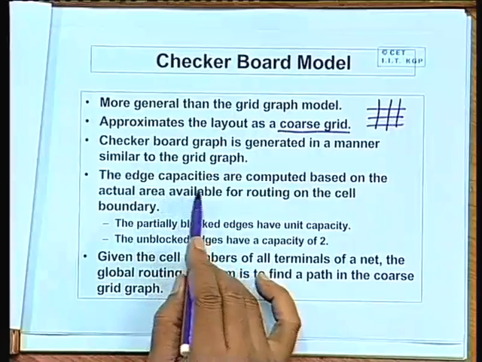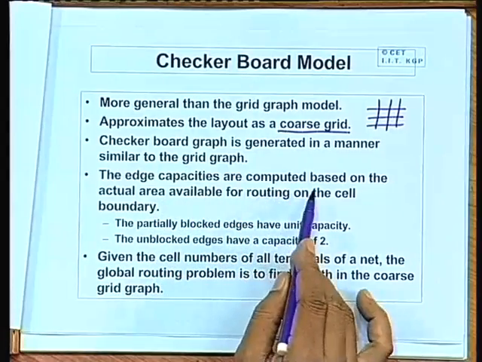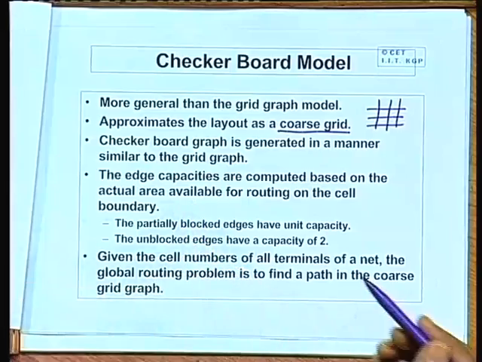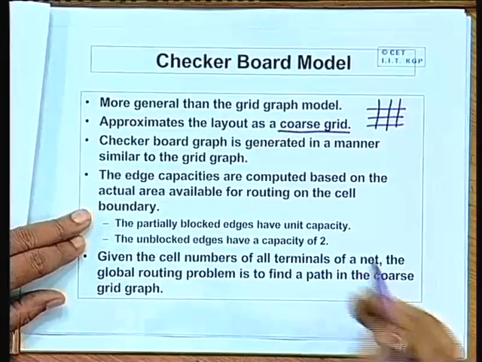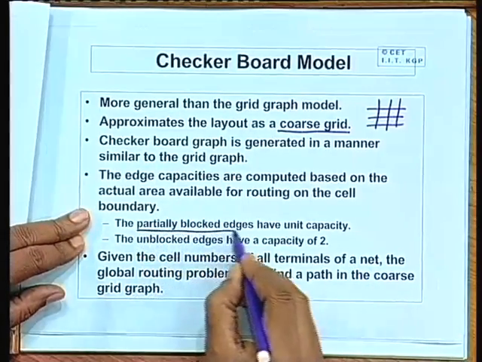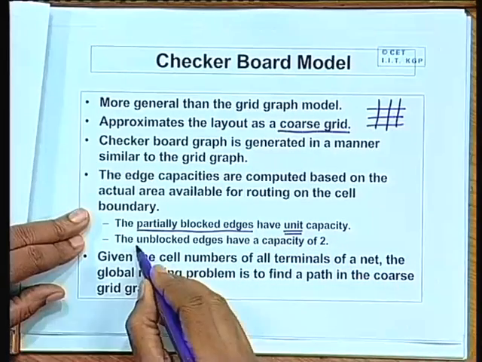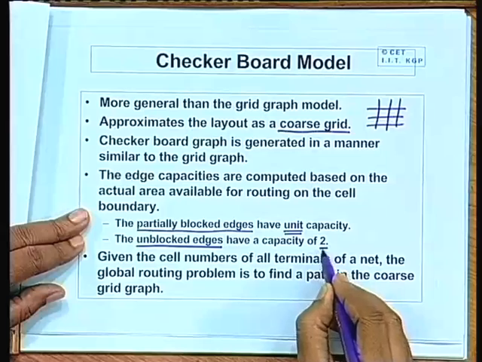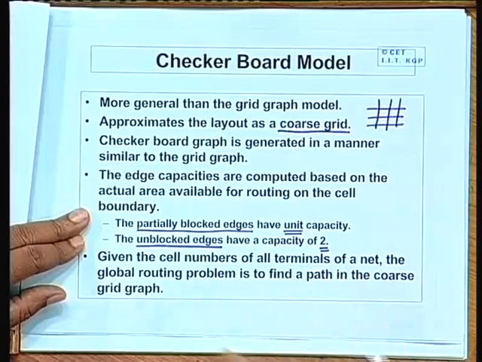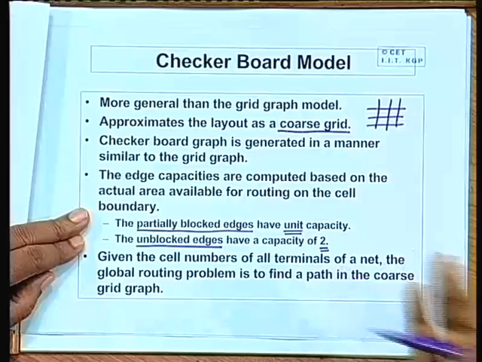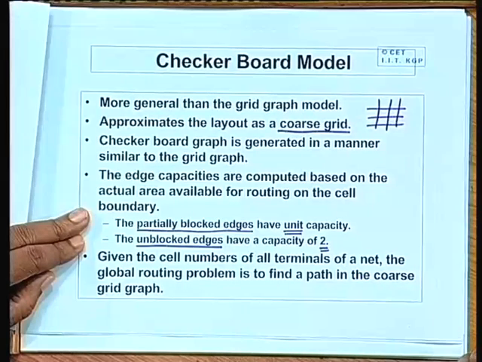The capacities in the graph are computed based on the actual area available. In the example we have cited, the partially blocked edges have a capacity of 1, the unblocked edges have a capacity of 2, but if you want some other values, you can also have the boundary capacities as the weight, not necessarily 1 and 2, you can have any number k in general.